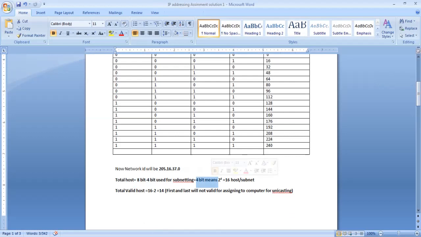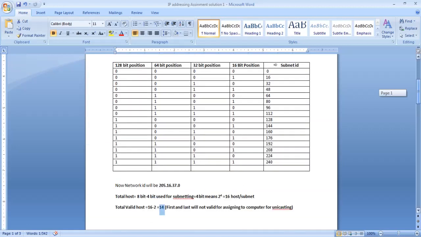So 2 power 4, that is 16 hosts per subnet, will be available. Next is the total valid hosts. To calculate valid hosts, we have the formula 2 power n minus 2, where n is the number of bits available, that is 4. So 16 minus 2 equals 14. The first and last IP addresses will not be assigned to computers for unicasting.